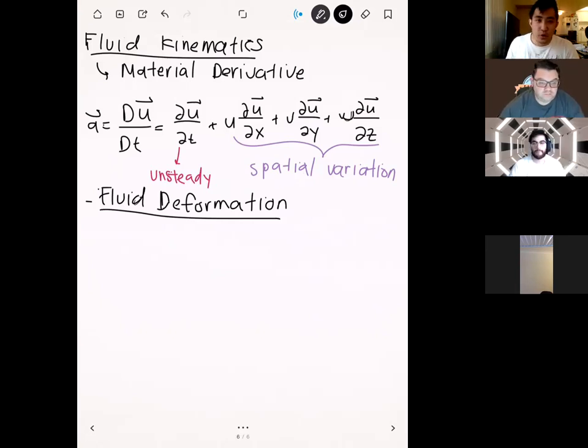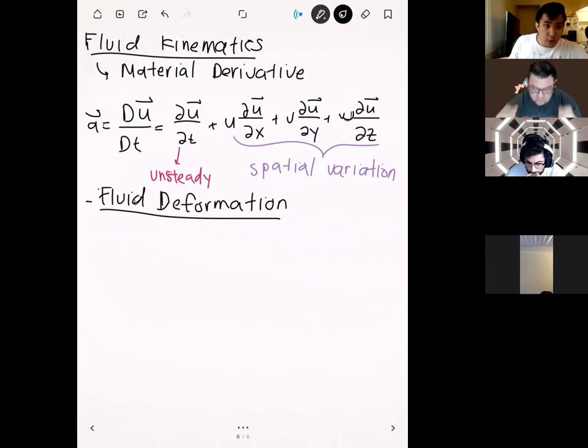If you look at fluid flow in a river or fluid flow out of your coffee machine, it's a very complex phenomenon. It's not like all the fluid is going in a straight line. Some is going faster than the other parts. You can have swirling, you can have whirlpools. So let's talk a little bit about how fluids can deform.